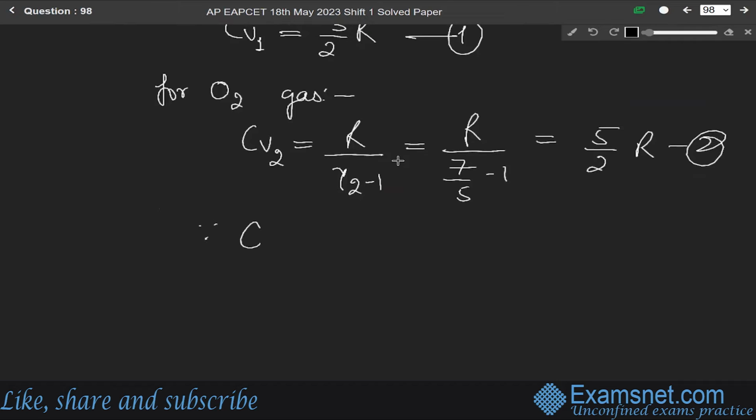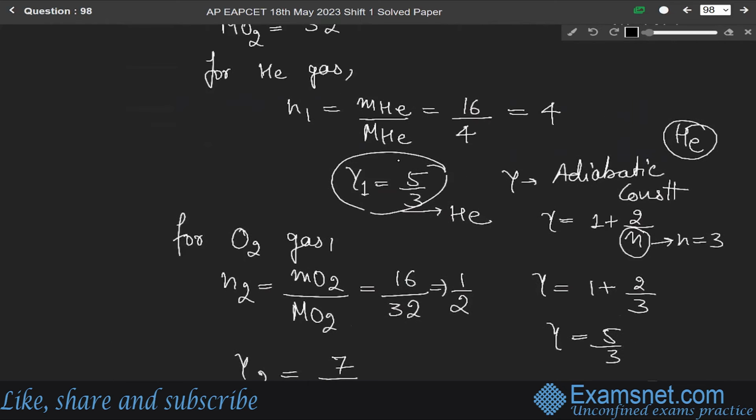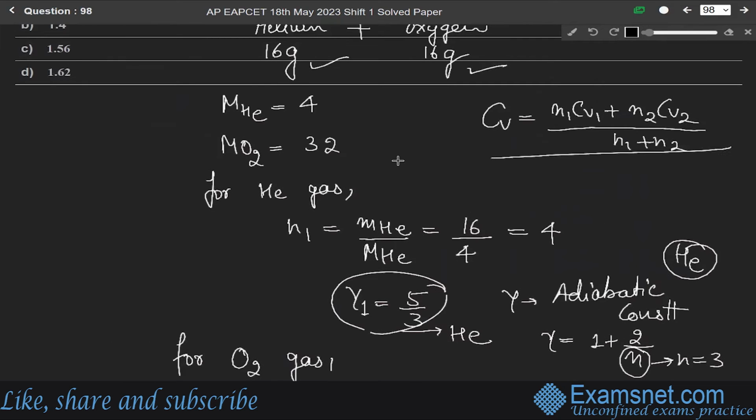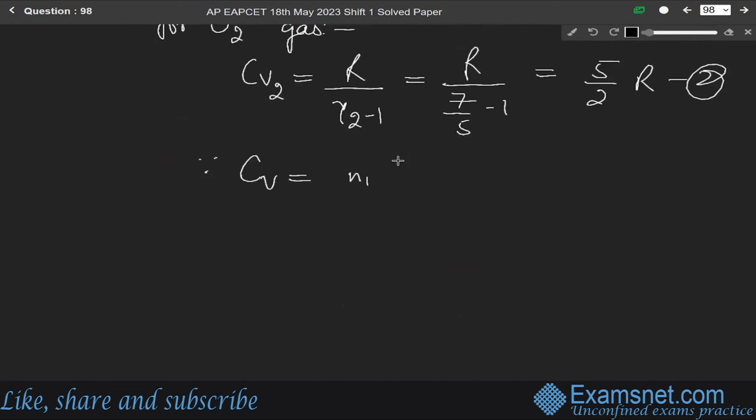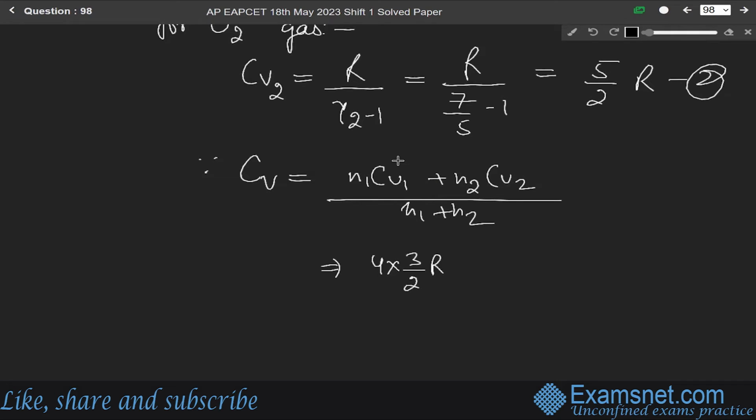So since we know that Cv is what? We have written the value of Cv as N1 Cv1 plus N2 Cv2 over N1 plus N2. So using it, solving, we get 4 into 3 by 2 R plus 1 by 2 into 5 by 2 R over 4 plus 1 by 2.